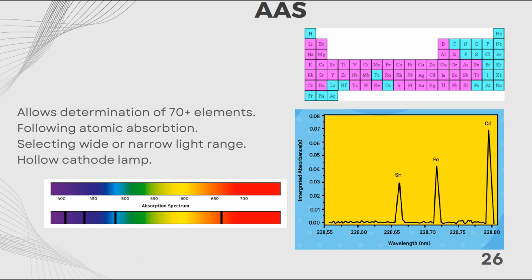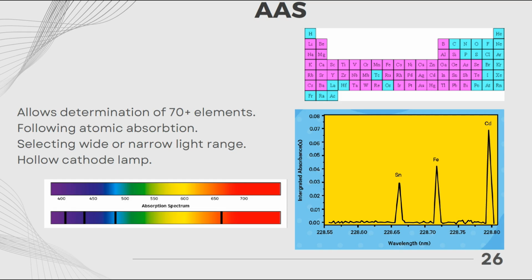And as is clear from the name, atomic absorption spectroscopy, we are following the atomic absorption. So we follow the light which is absorbed by an atom. Yeah. And so you see once again the whole spectrum, and these black lines represent what an atom absorbs.